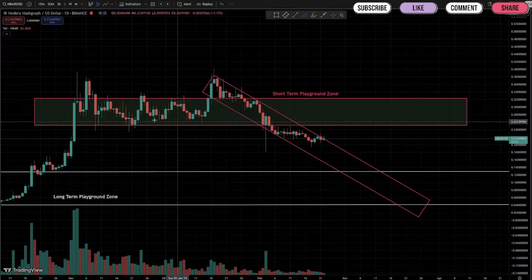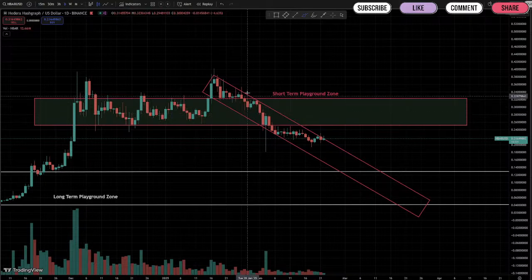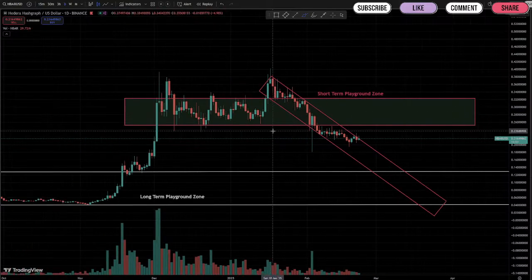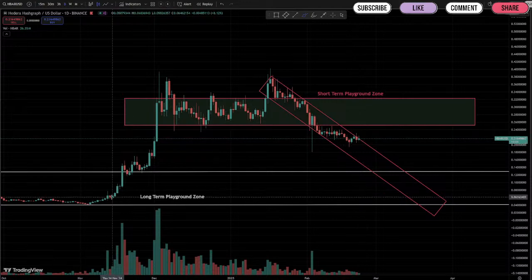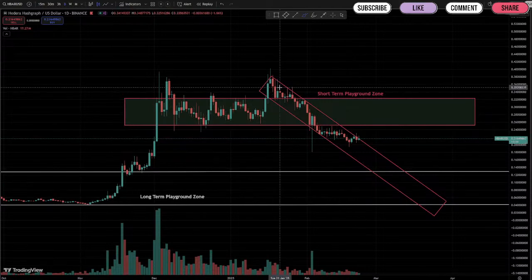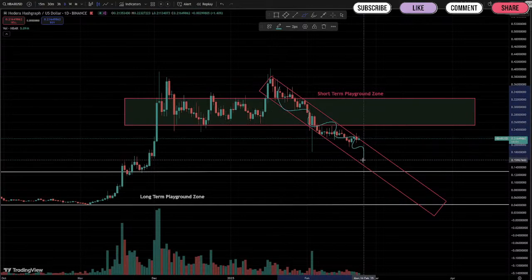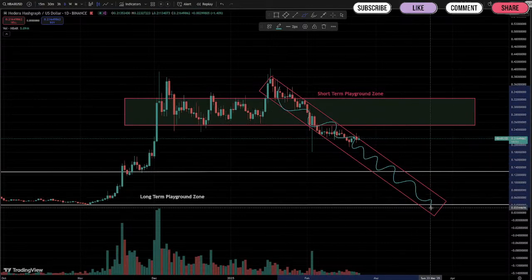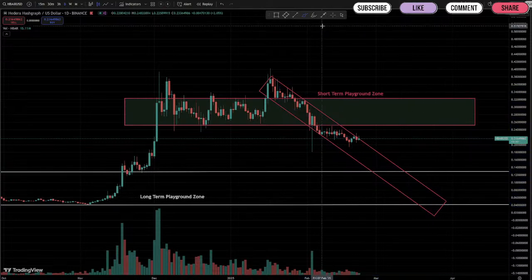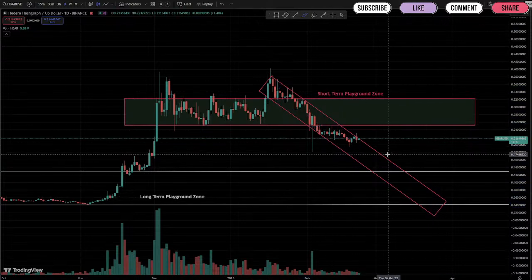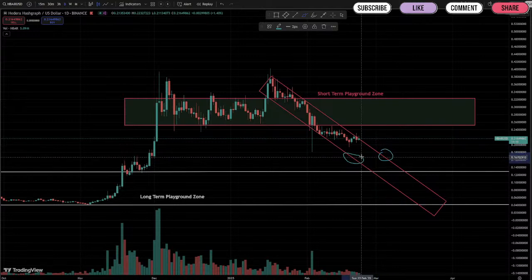However, a trading range doesn't only go horizontally, it can go upwards or downwards, just like this. The behavior is more or less the same. The price just bounces between the upper and lower boundary. That's what I want to say. So this is the upper, this is the lower.